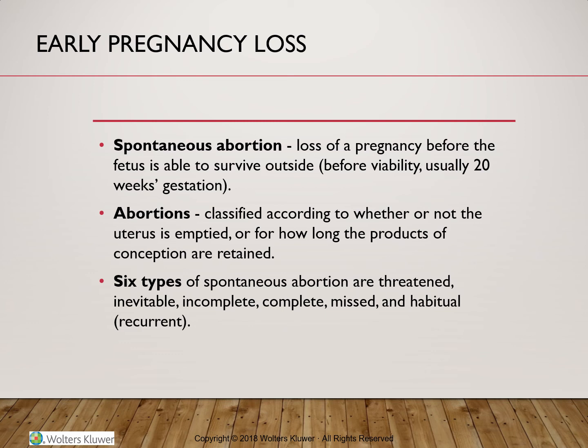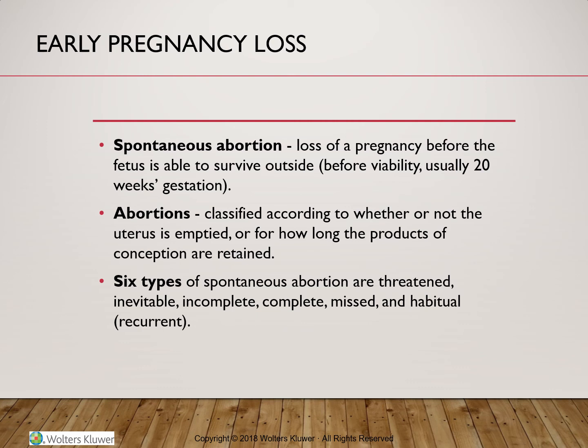It's hard to define exactly what the rate of early pregnancy loss is because many losses will even occur before the woman realizes that she's pregnant. So from the number of patients that present for medical help, probably 8 to 20% will occur during the first trimester.